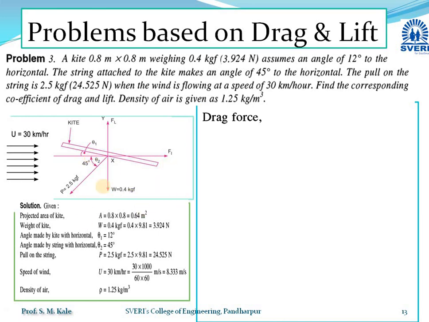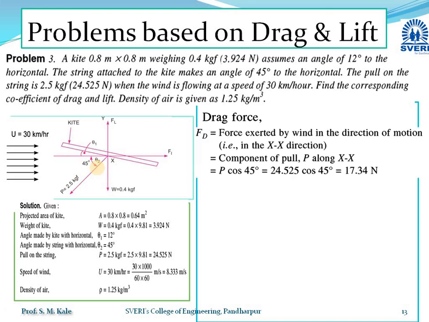So as weight is acting in the vertically downward direction, its horizontal component will be equal to 0. But as pull is acting at an angle of 45 degree, we can calculate the horizontal component of that pull. So that horizontal component of pull will be the value of drag force.